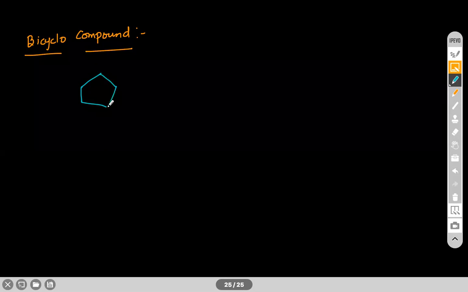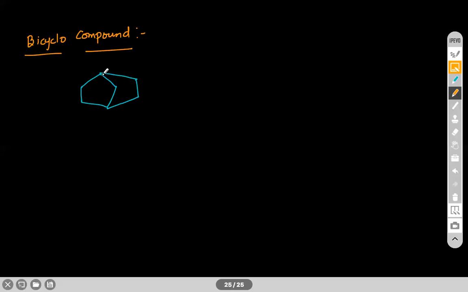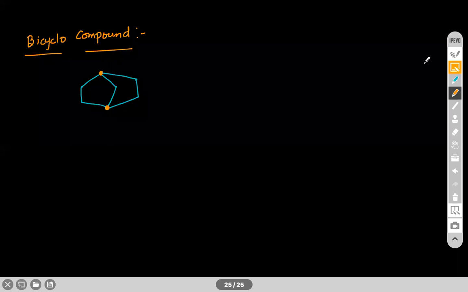Okay? So now you see this example. It is mentioned over here that this is the point with which the two rings have been joined. These are the points.